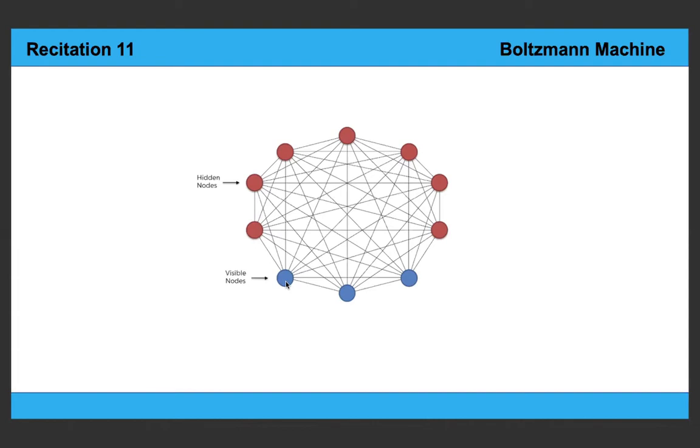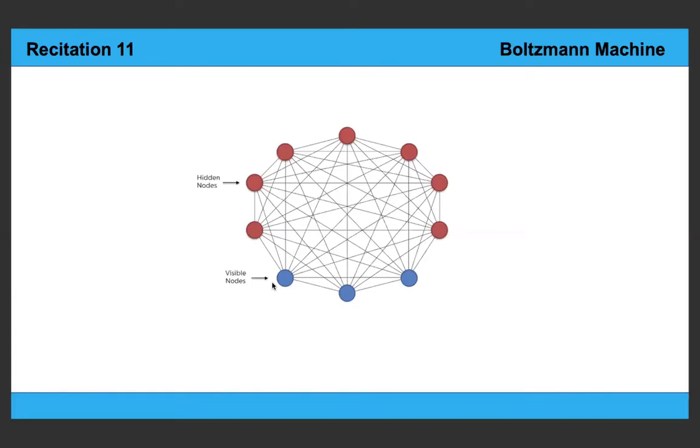Here, the activation has a probability function, and whether the node is on or off is determined by a Bayesian distribution, as we will see very soon.